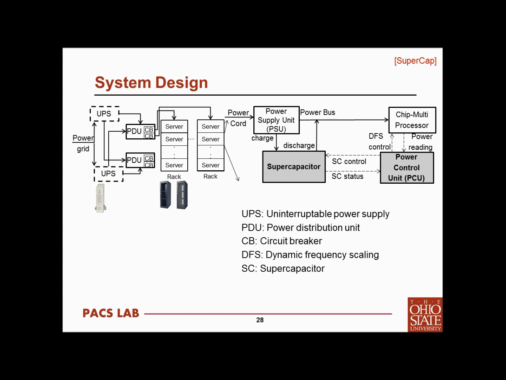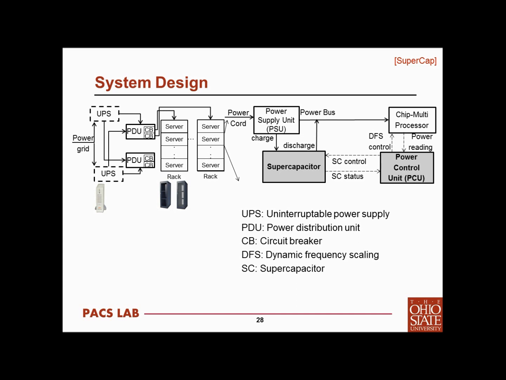We want to avoid that. Inside each server, we have a power supply unit, PSU. It will convert the AC power to DC power and provide DC power to the onboard components. The processor is usually one of the most power hungry components in a server.